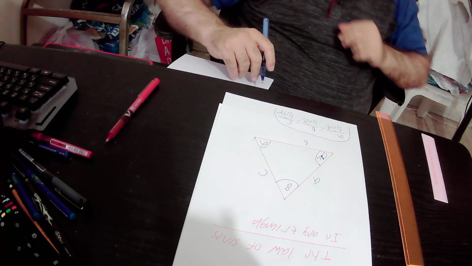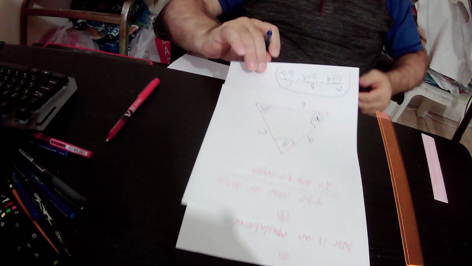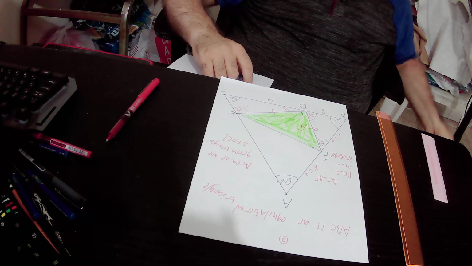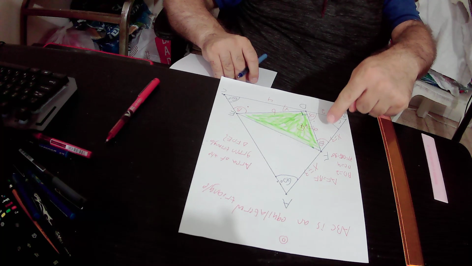Okay, so we can implement the law of sines in the small triangle FBD.